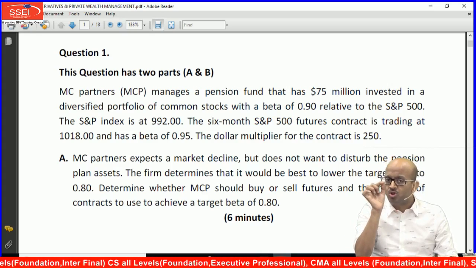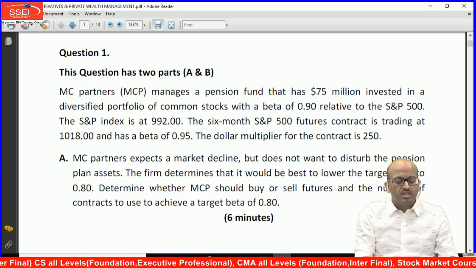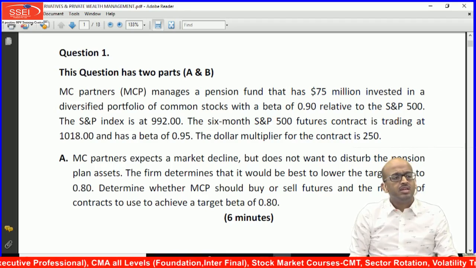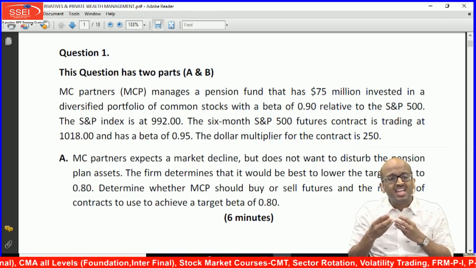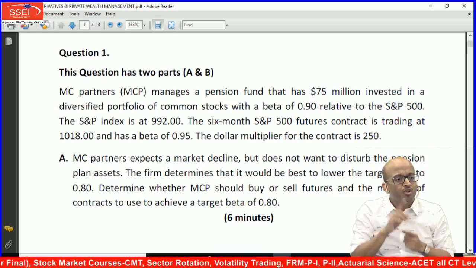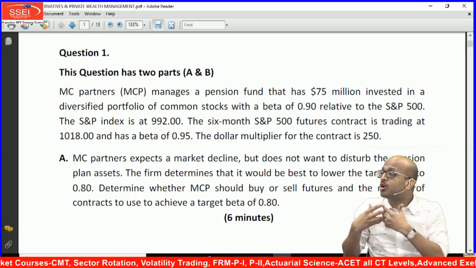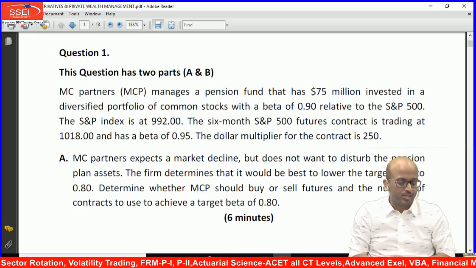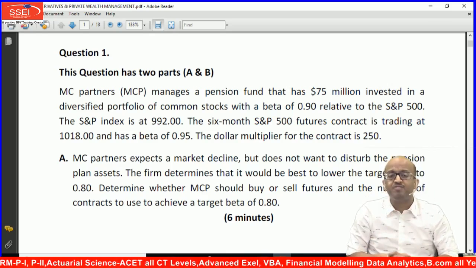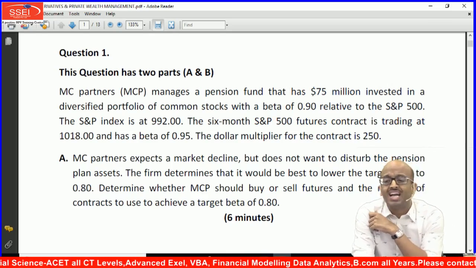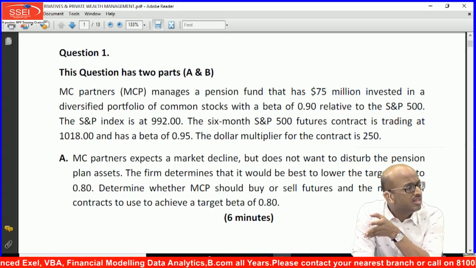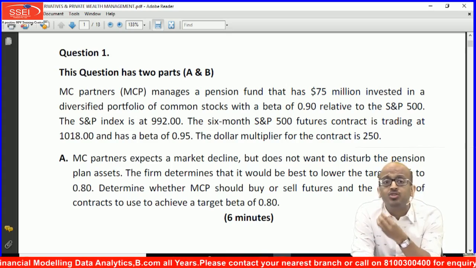If we sell one futures contract, we take a short position on the S&P of how much? 1018 into 250 into 0.95, just as we did 75 into 0.9.